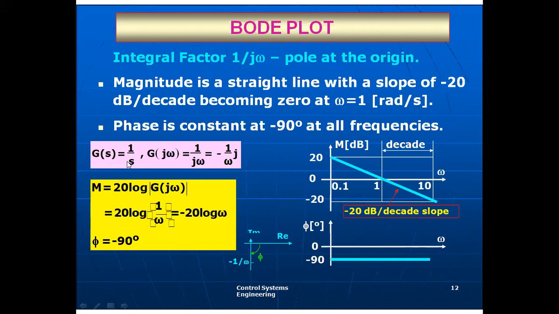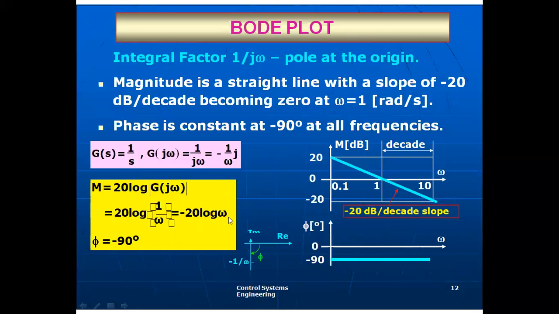Here you can see G(s) equal to 1 by s is this integral function. So G(j omega) equal to 1 by j omega. Taking 20 log of this function, you will get minus 20 log omega. So when omega equal to 1, the log of 1 is 0, so its magnitude is 0.